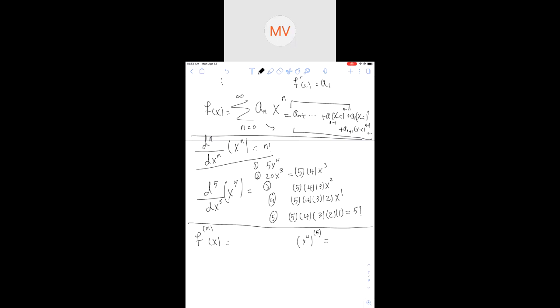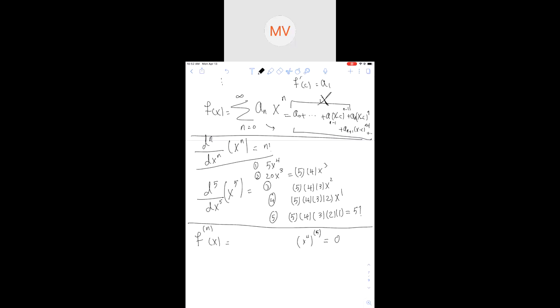That is 0. So the fifth derivative of any power of x less than 5 is 0. So for that reason, the nth derivative of all these terms, where the power is less than n, is 0. So terms starting from here have a non-zero derivative. The derivative of this term, we already showed, is n factorial times a sub n.